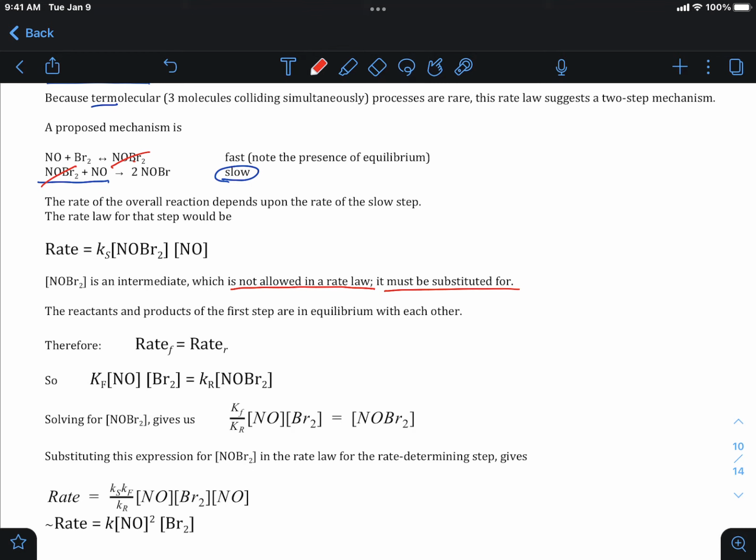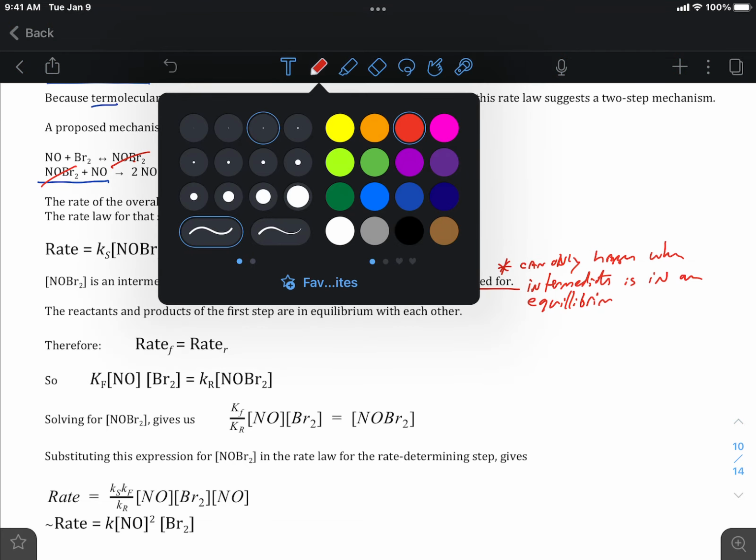So this substitution can only happen when the intermediate is in an equilibrium, which it is here.